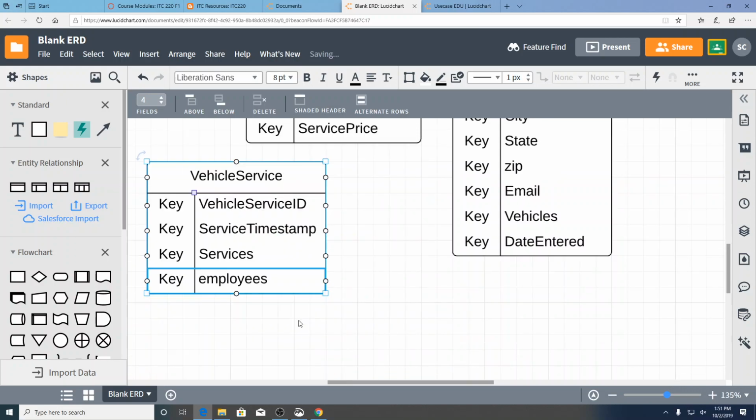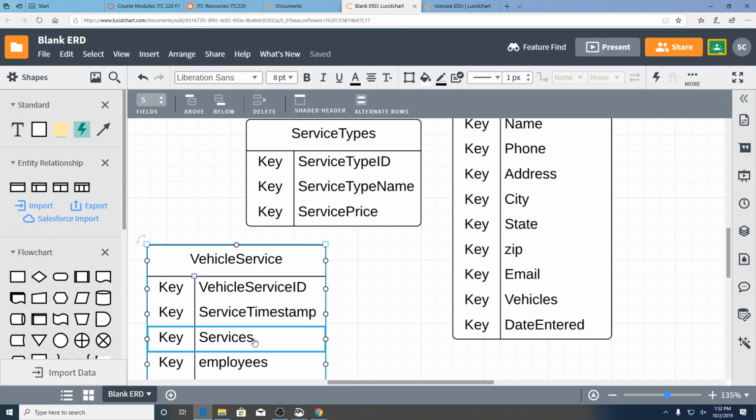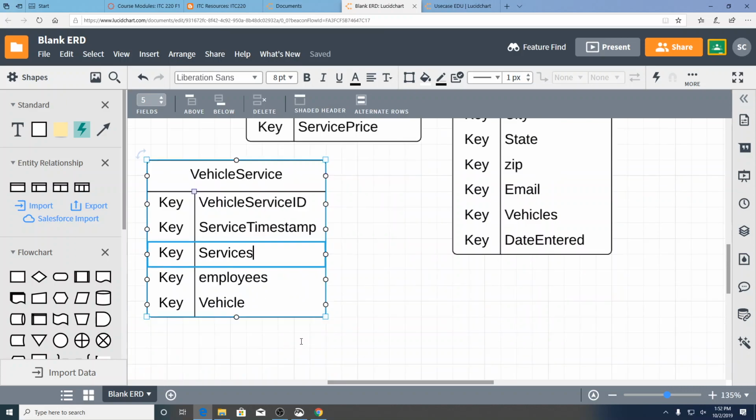You also need to know what vehicle, right? So price you can get from the services. I'm going to do this as service. Well, we'll leave it that way.